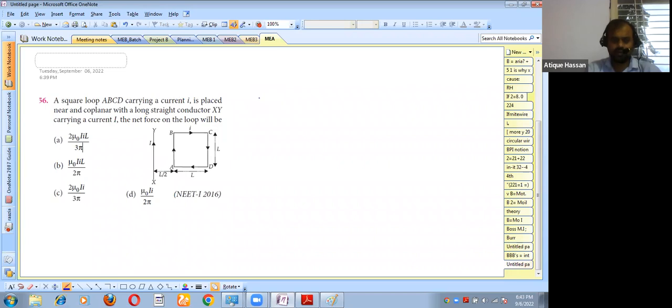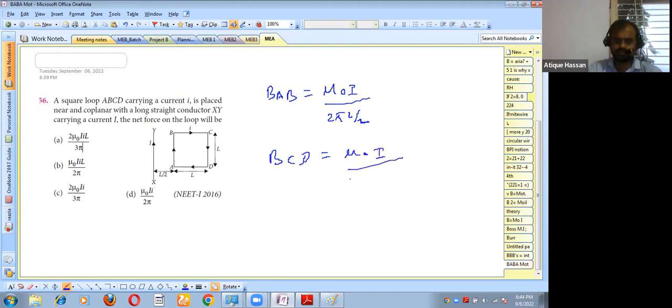If you talk about magnetic field, the magnetic field at AB will be equal to mu naught I by 2 pi L by 2, and magnetic field at CD will be equal to mu naught I by 2 pi into L plus L by 2.